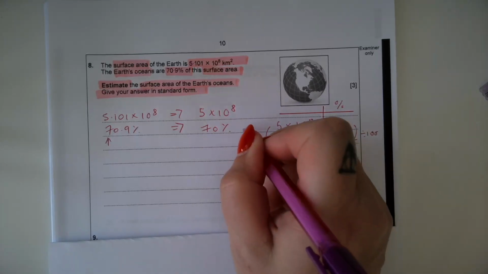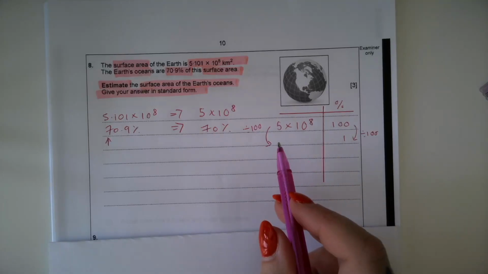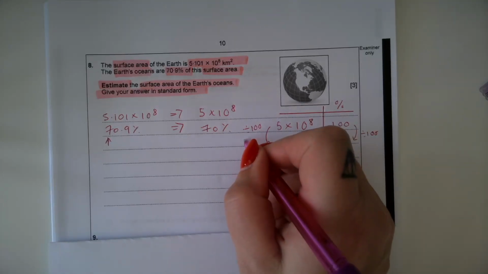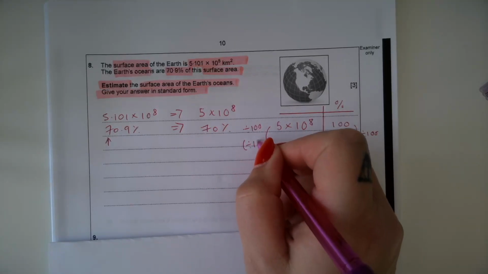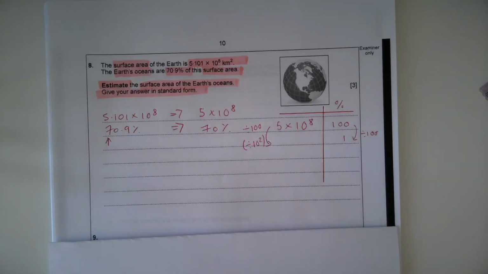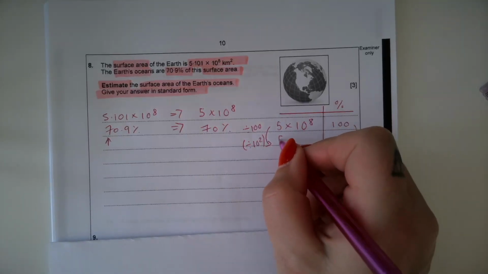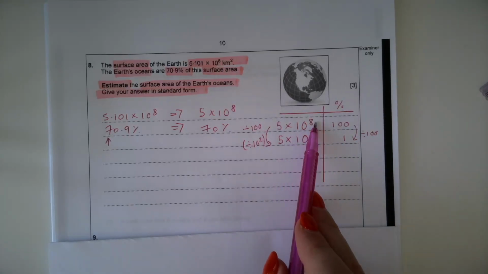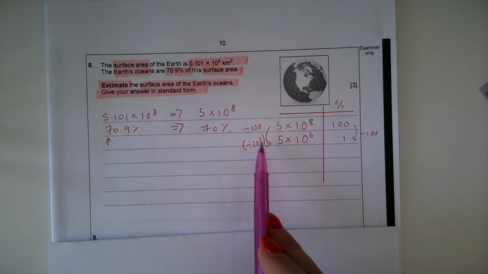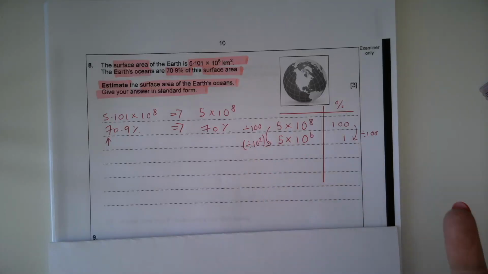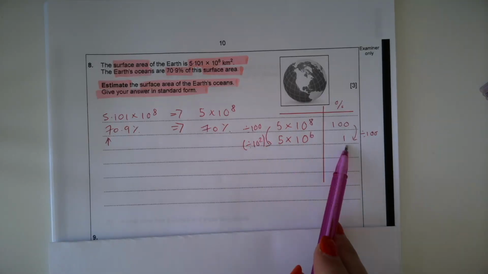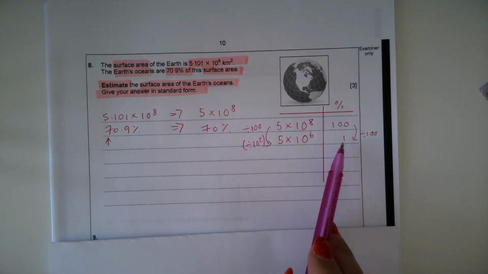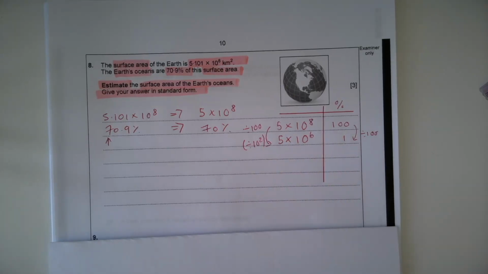So I'm going to divide by 100 on this side, but what I need to remember is dividing by 100 is actually the same as dividing by 10 squared, okay? So when I divide by 10 squared, this becomes 5 times 10 to the power of 6, because 10 to the power of 8 divided by 10 to the power of 2, law of division, we subtract the powers. So 1% of the Earth's surface area is 5 times 10 to the power of 6.